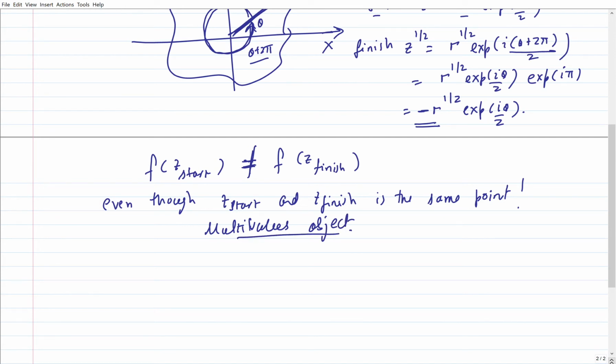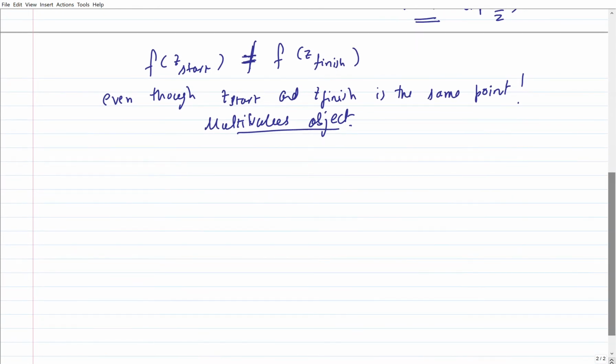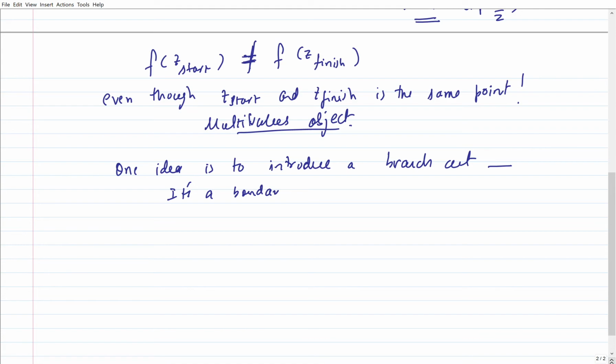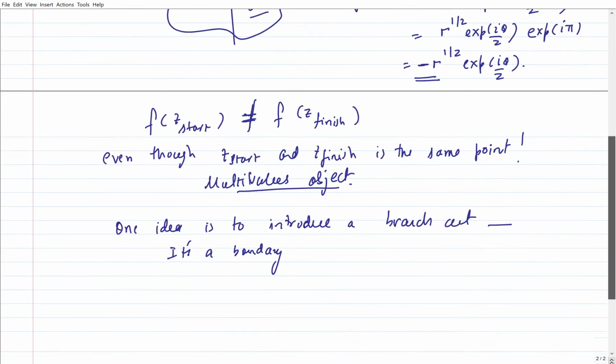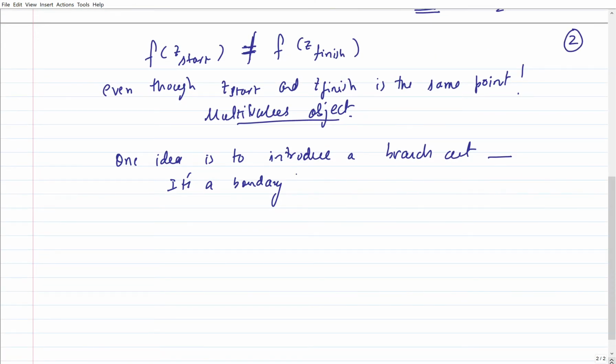and one idea is to introduce a branch cut. It's a boundary that one cannot cross.